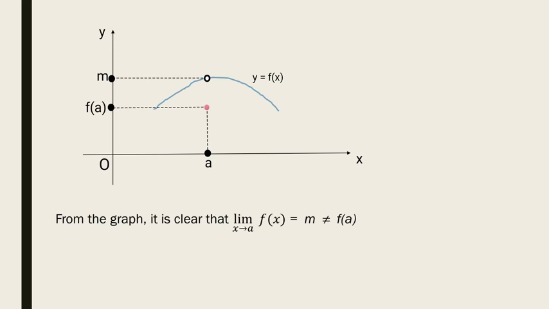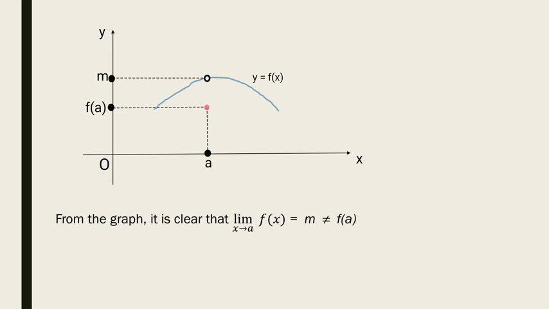Because when x is approaching a from the left side or right side, the functional values are approaching what? m. So the limit of the function is m. And at a, the value of the function is f of a. If you observe the graph here, clearly m is different from f of a.